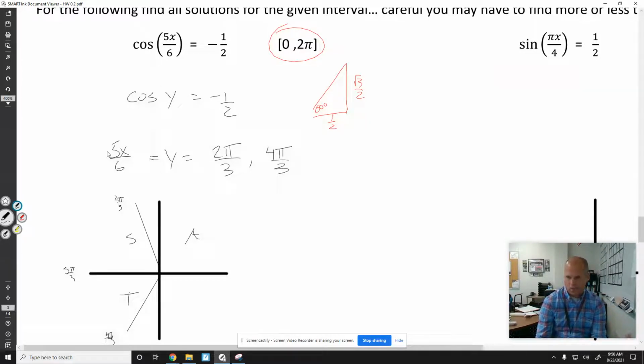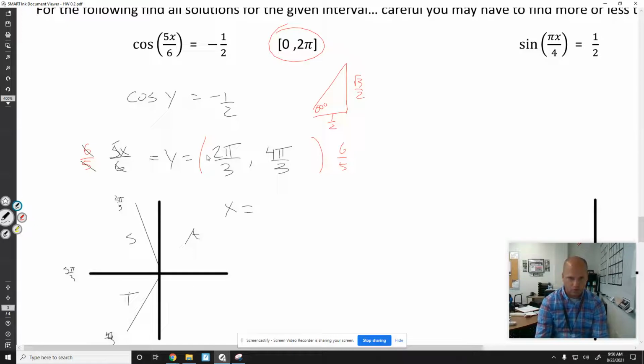Boom, cosine's gone. Now I can get rid of the 5/6. You can either divide by 5/6, but I like to multiply. So I'm going to take all of these and multiply by 6/5. Now the 6s and 5s are just 1s. 6 over 6 is 1, 5 over 5 is 1, giving me x equals.